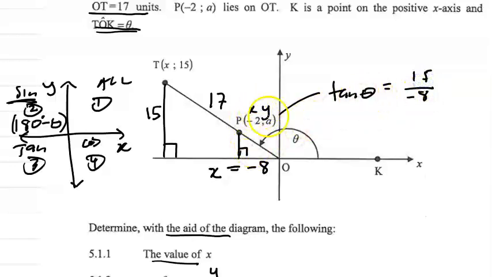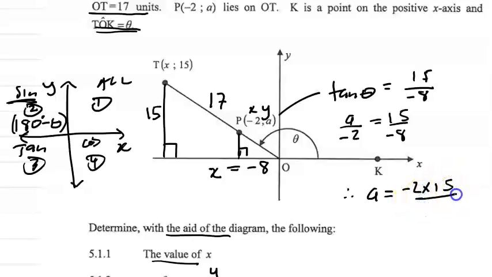But here we know that it is y over x, so that will be a over negative 2 equals 15 over minus 8. Therefore, a will equal minus 2 times 15 over minus 8.